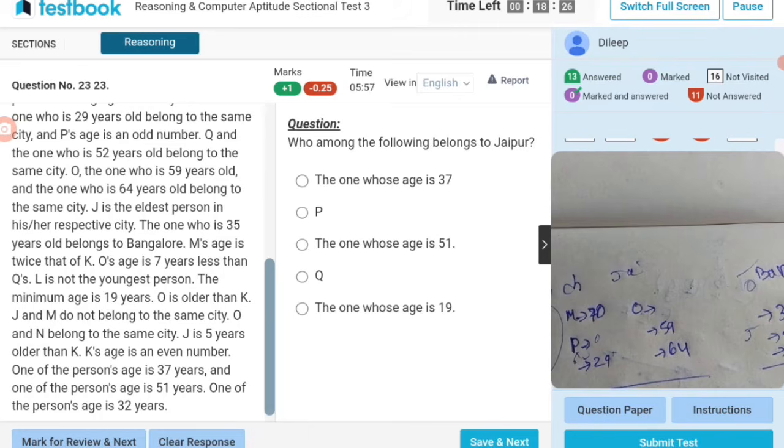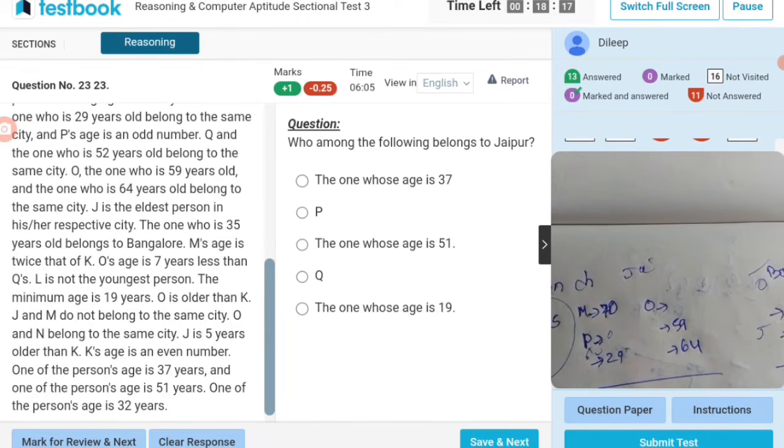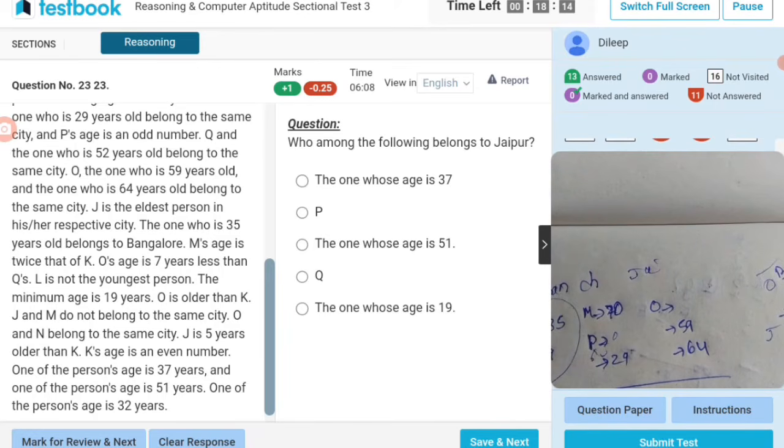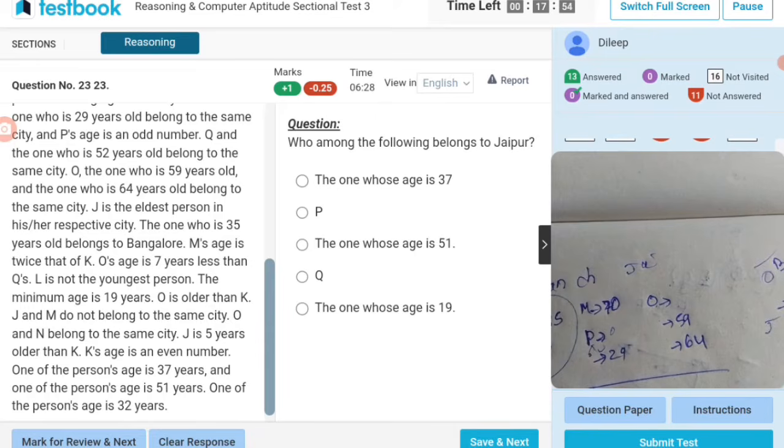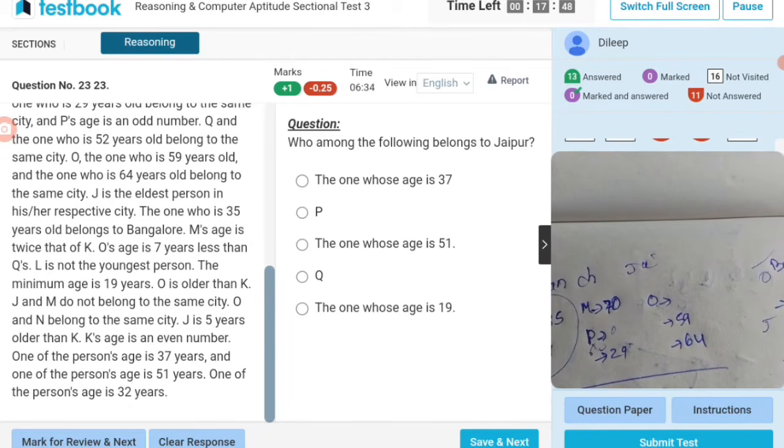35 years old, Bangalore. M is twice of K. X, 2x. O is 7 years. L is not youngest. O is older than K. G and M do not belong to the same city.